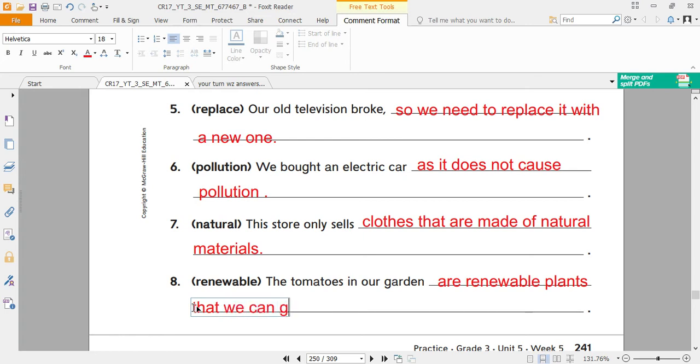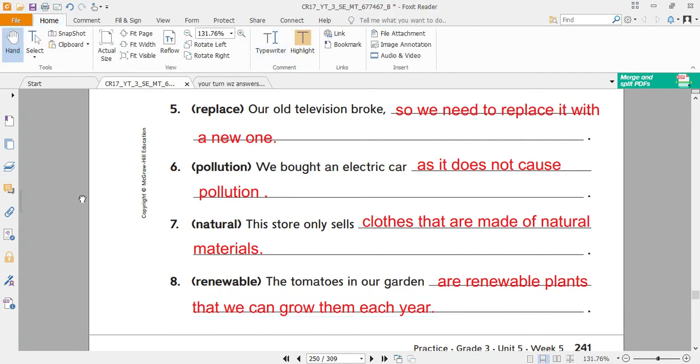We can grow them each year or every year. That's a great work. We are done here. Let's move to a new practice.